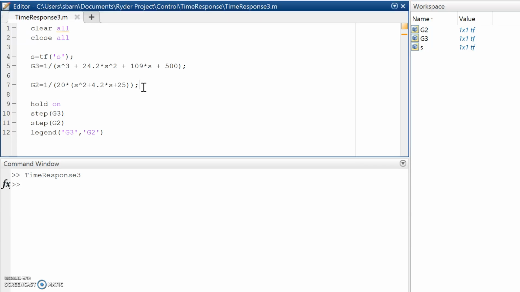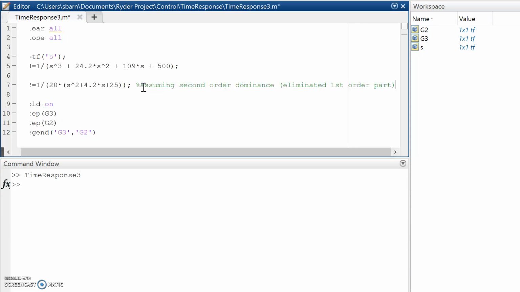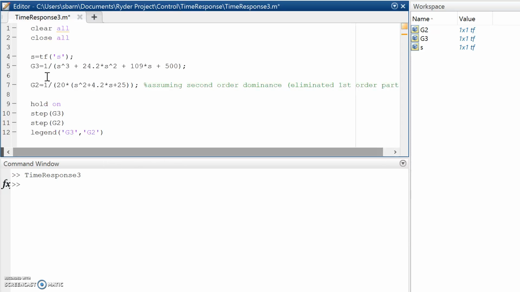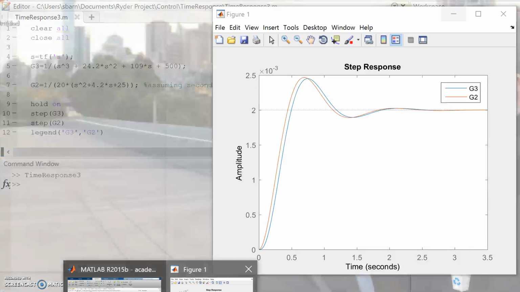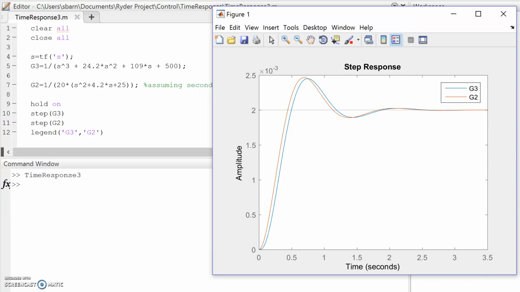G2 is the one assuming second order dominance, and for that I've eliminated the first order part, so we've only got the second order part here. Then I've decided to plot the step response of both of those, and this is what MATLAB has given me. So you can see that the response is pretty similar.